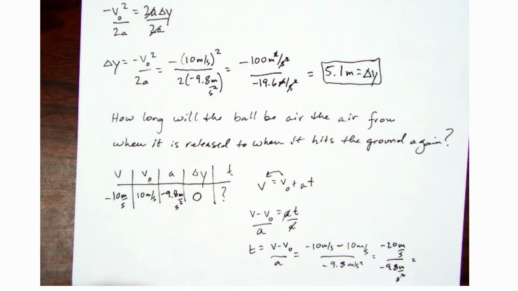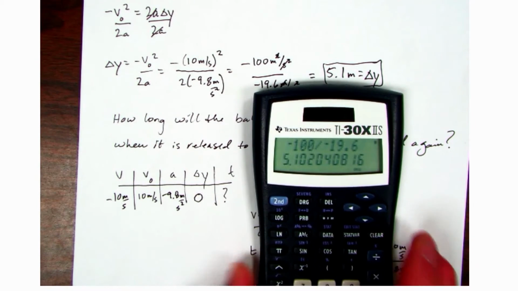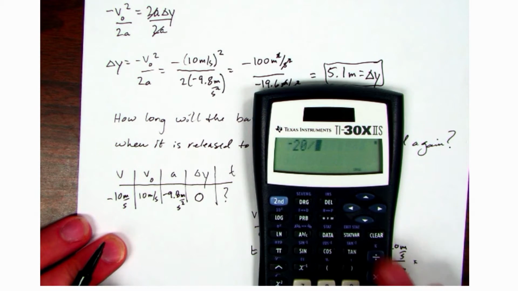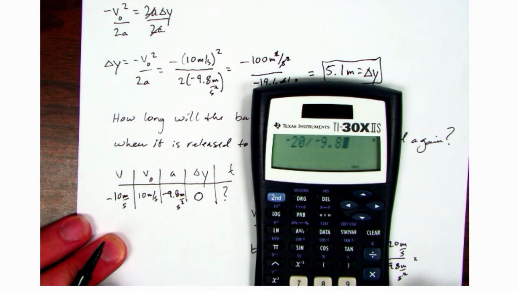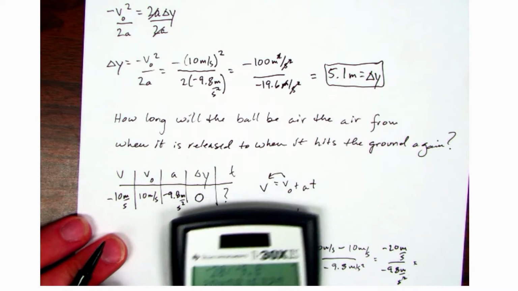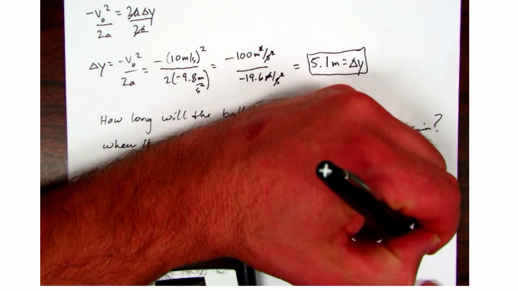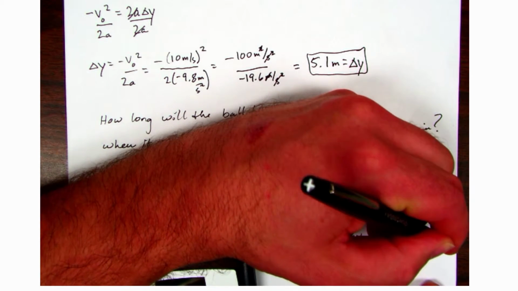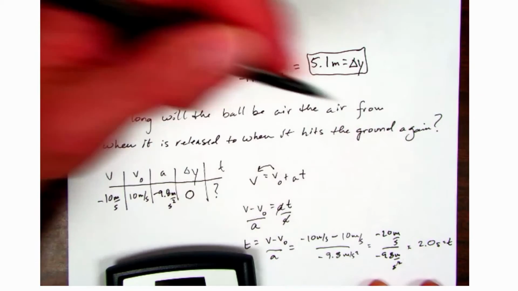And get out the trusty calculator again, and we go negative 20 divided by negative 9.8 equals 2.04. So I'll just round that to 2.0, and that is going to be in seconds. So that's my time.